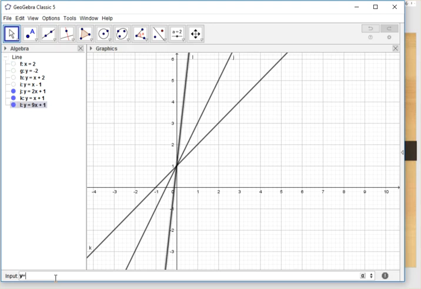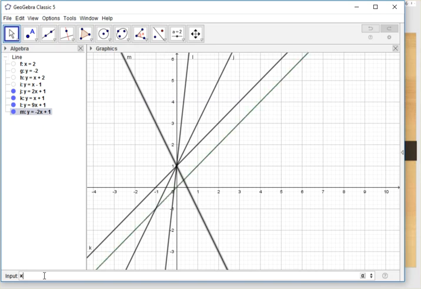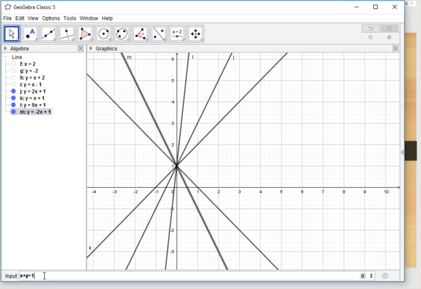Next graph, y equals 1 minus 2x also goes through 1. And you can see that the equation here has been rearranged, -2x + 1. x plus y equals 1 also goes through it. x minus y equals 1 goes down here.